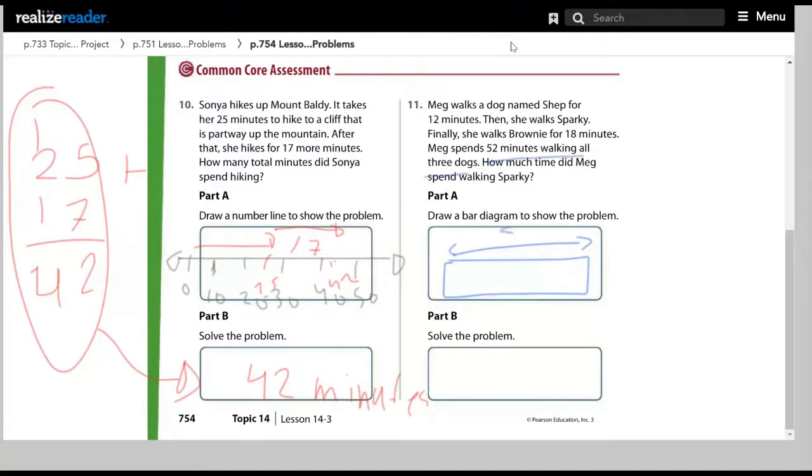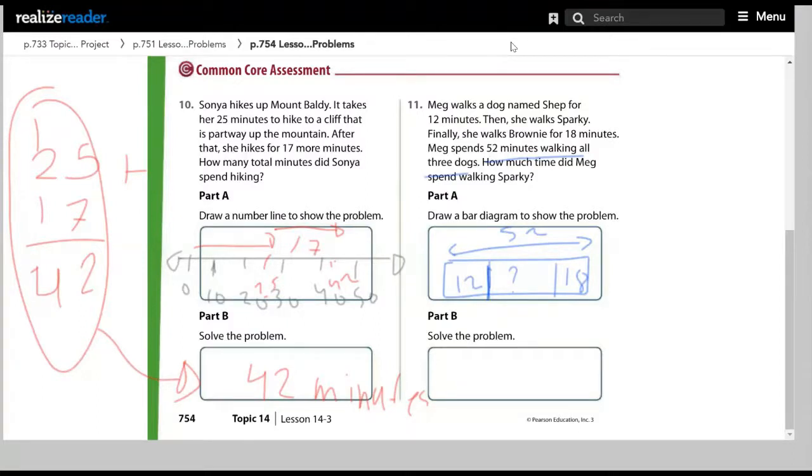So here 52. The first dog, she spent with it 12 minutes. We will separate the bar diagram into 3 parts. The second one, we don't know it, we should find it. The third one, about 18 minutes. This is how we should show the bar diagram.